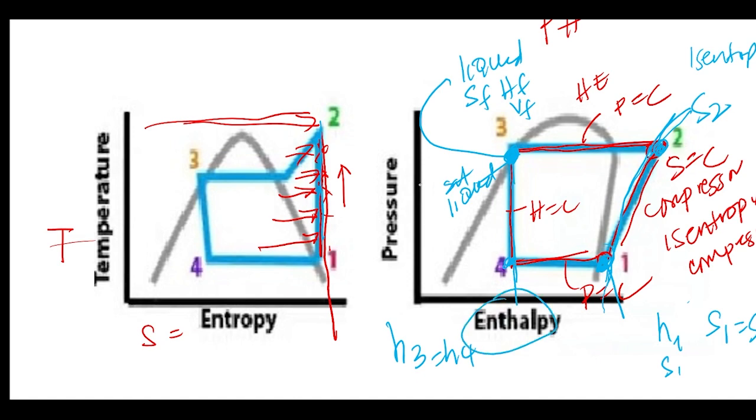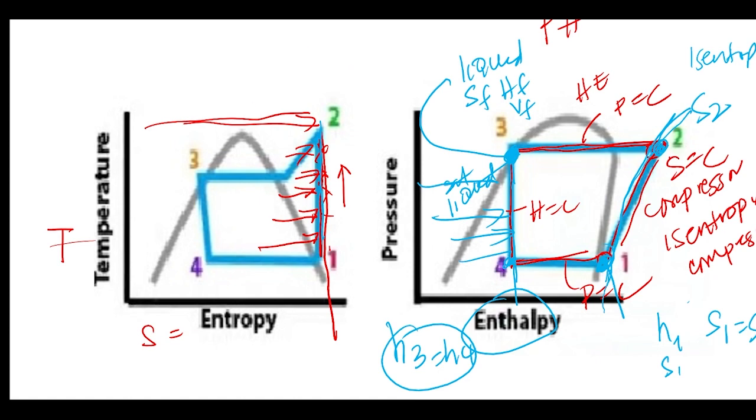This enthalpy is not changing, although the pressure is decreasing. So H3 equals H4. The knowledge in the pH diagram helps you get all the necessary data from the refrigerant table, depending on the type of refrigerant, and then you can solve for the parameters that are being asked in refrigeration.